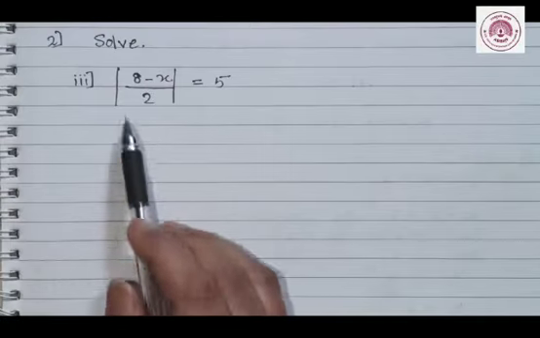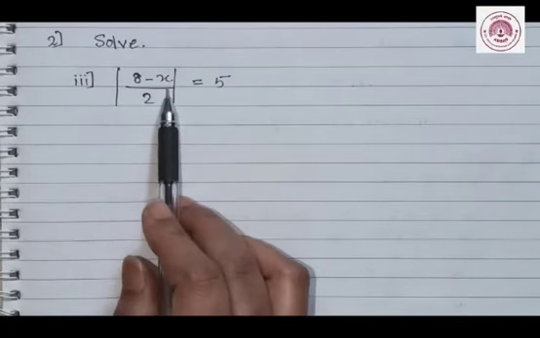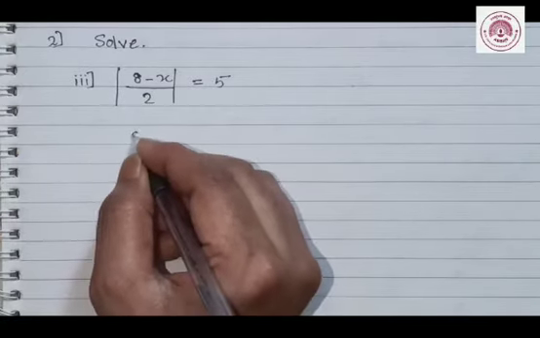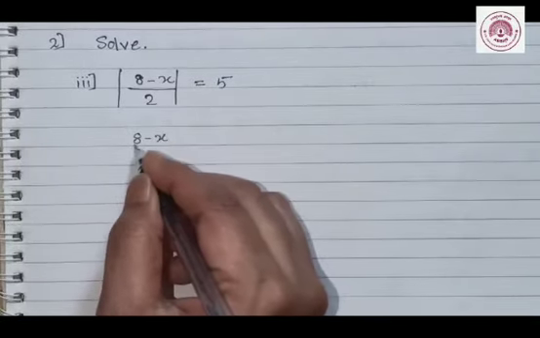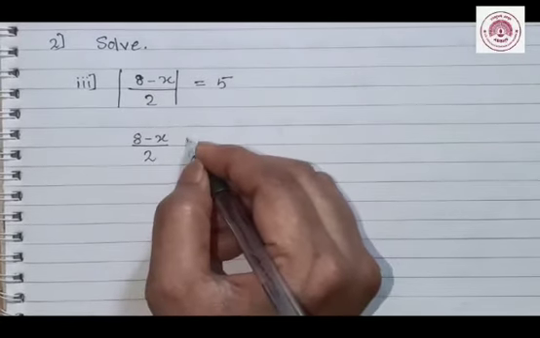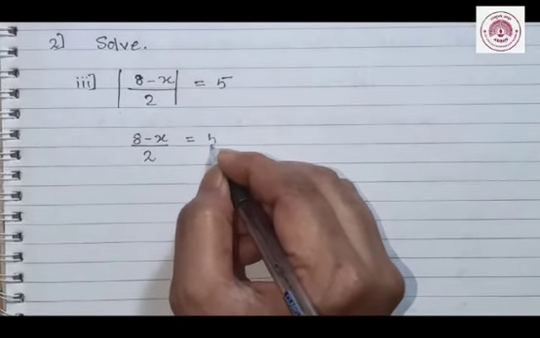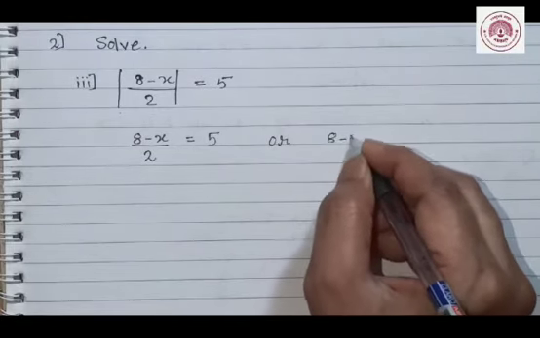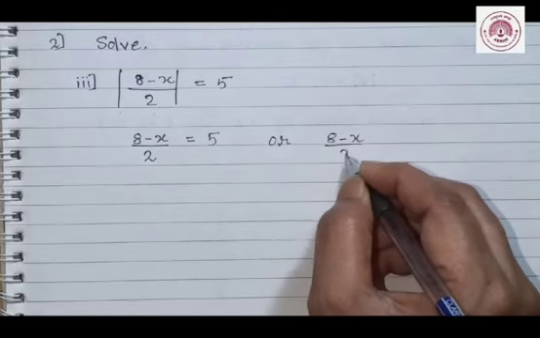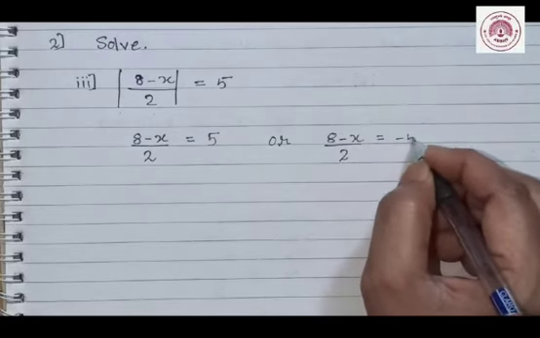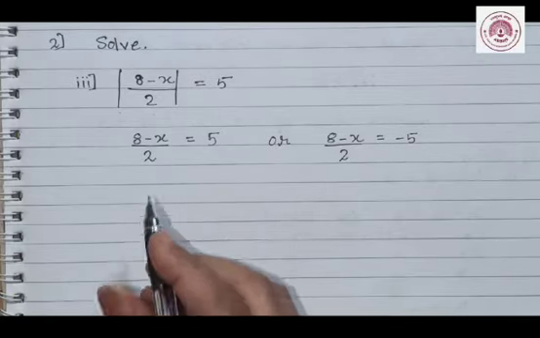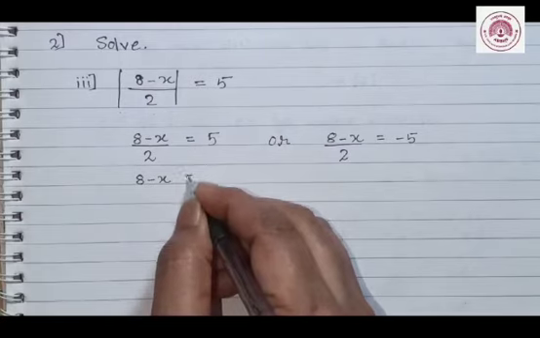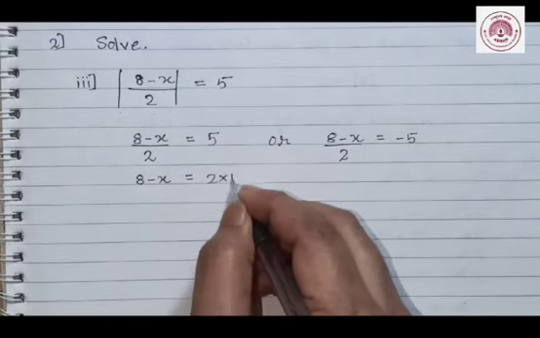Question number 3: modulus of 8 minus x upon 2 equals 5. So again 8 minus x upon 2 is equal to, the first value we'll take is positive 5 and the second one negative 5, so 8 minus x upon 2 equals negative 5. Now let's solve both of these. Here 8 minus x is equal to 2 multiplied by 5.